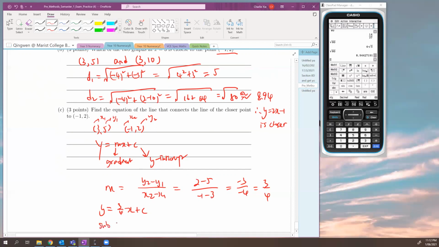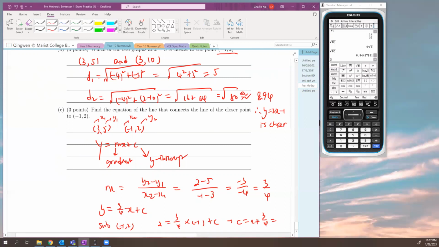Substitute -1, 2. We've got 2 is equal to 3/4 times -1 plus c. All right, which means c is equal to, that's the minus sign, so move to the other side of the plus, 2 plus 3/4 times 1, which is 3/4. You have to write down times 1 and write as a fraction or mixed number, whatever.